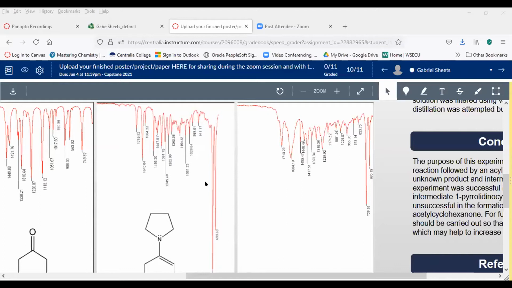Go ahead. I was just going to say, kind of looking at it, and of course his poster only has the one area of the IR showing, this actually looks very similar. Almost all the peak numbers are exactly the same.